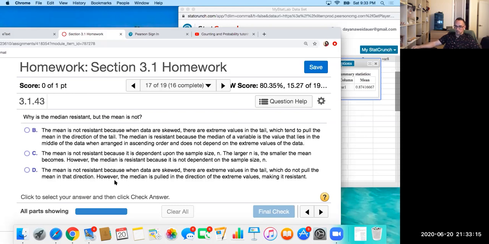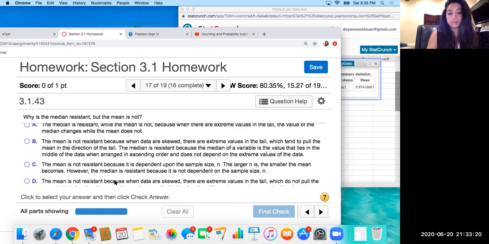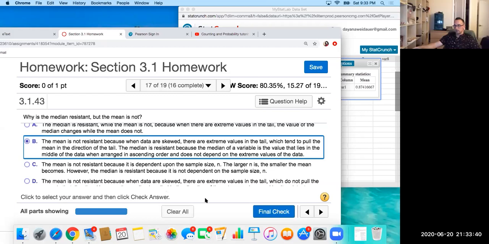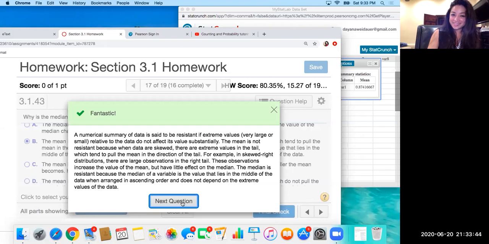It has to be B. The mean is not resistant because when data are skewed, there are extreme values in the tail, which tend to pull the mean in the direction of the tail. The median is resistant because it is the value that lies in the middle. Yes, B.